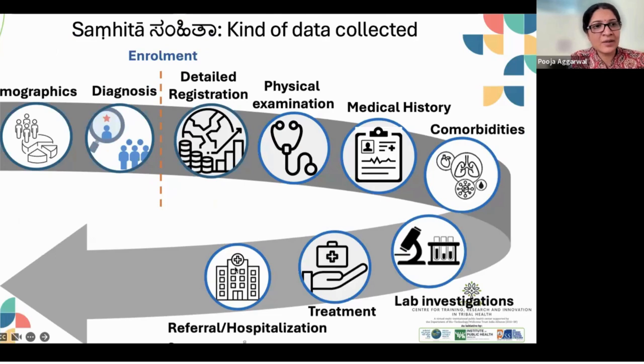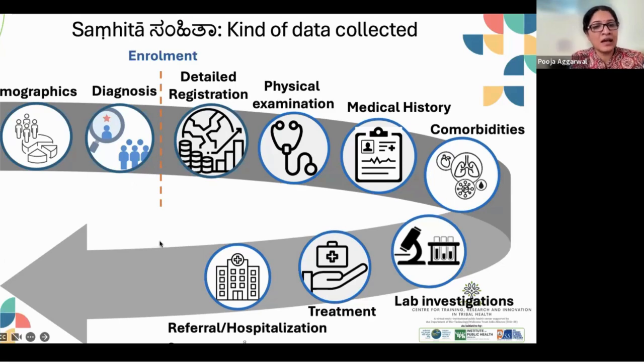So this is just a glimpse of all the data we are collecting here. Starting from the demographics, where we take the age, gender, address, and other things, then diagnosis status using the screening test and the confirmatory test, followed by the detailed registration where we take some more information about their economic status and other status, followed by the physical examination, medical history, comorbidities, lab investigations, and the treatment plan, and also the referral and the hospitalization details.